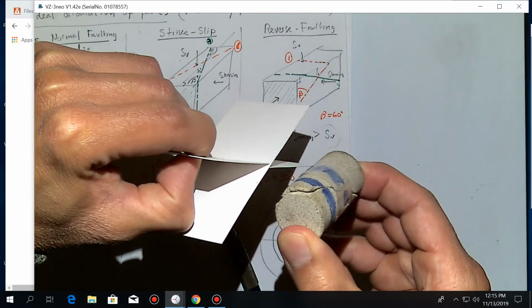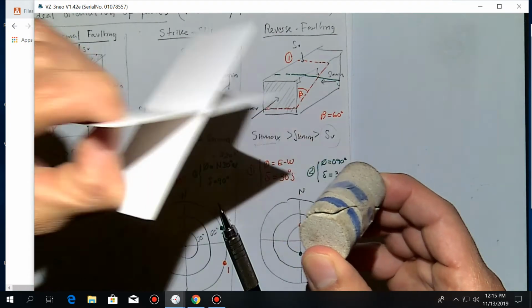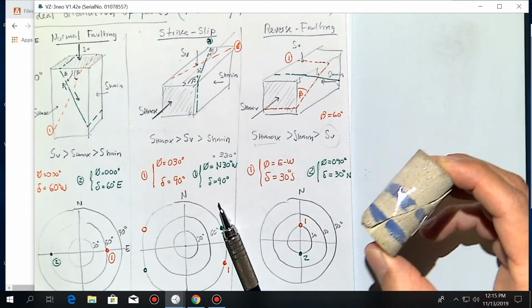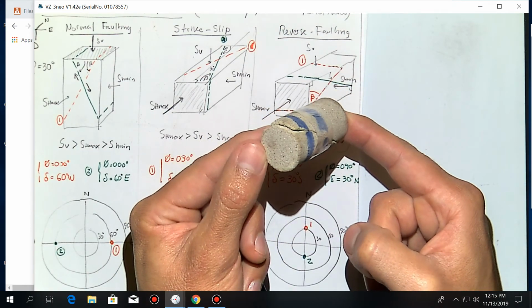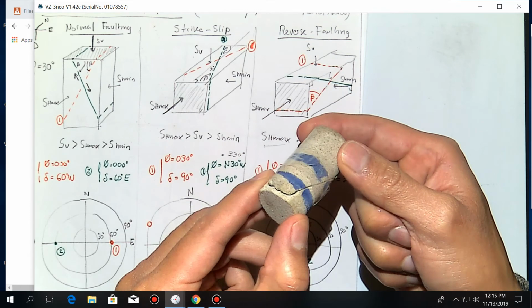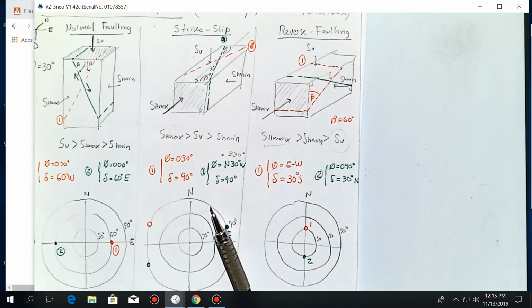So the only thing you have to remember is, you can bring this one, you're welcome to do that, but you just have to remember how it fails, and that these two parts are going to move.